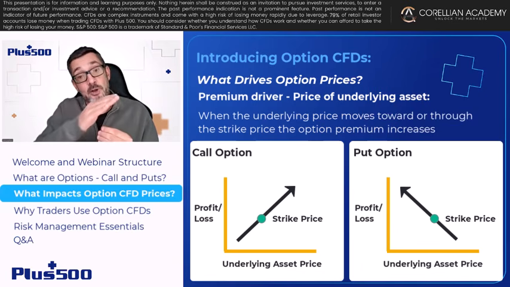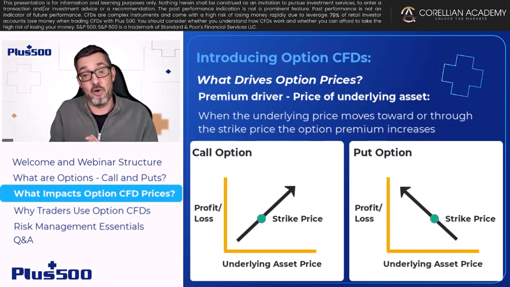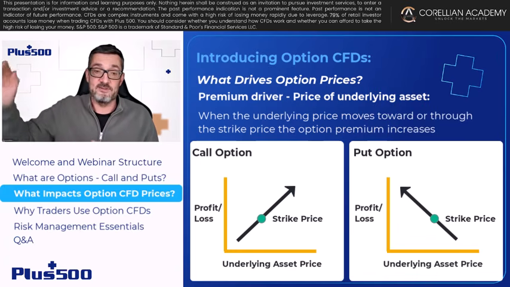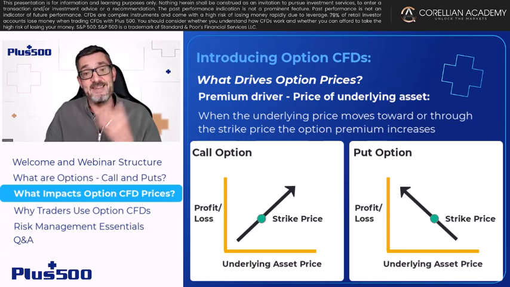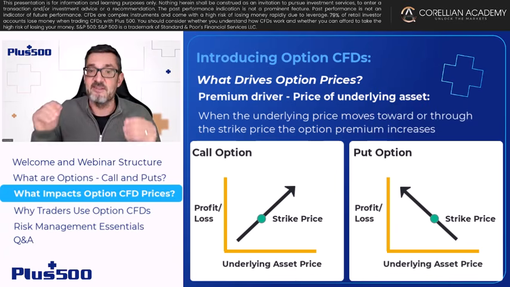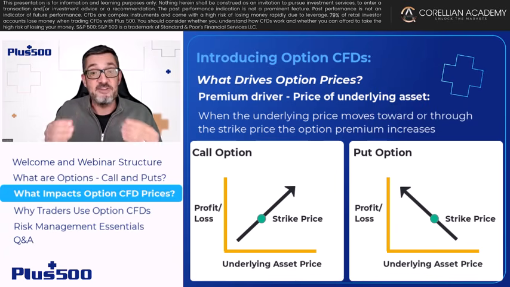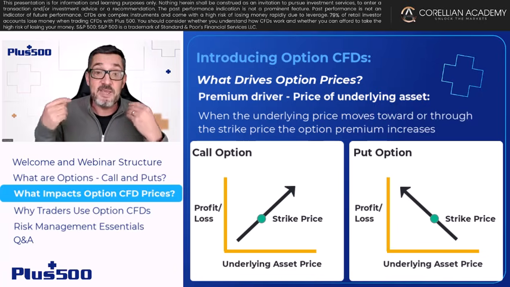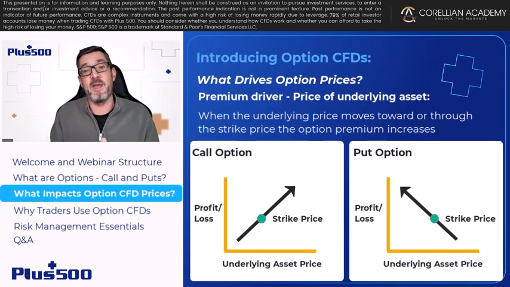So a call option will usually lose value as the market drops, while a put option will lose value as the market rises. The underlying price is the engine that drives the option's value. Every tick in the underlying creates a ripple effect in the option premium. And this is why traders often watch the underlying chart first, because the option's behavior is ultimately anchored to that price.